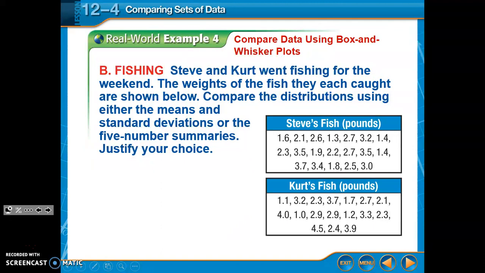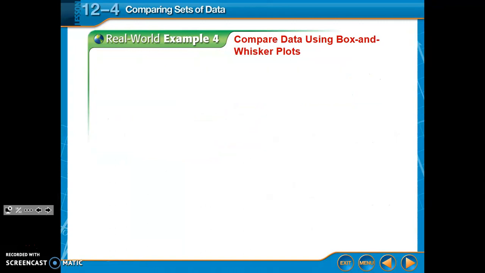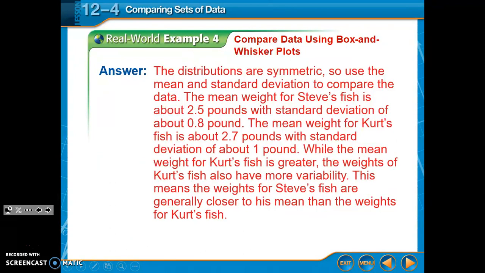So if you were to use those calculators from the link that says statistics calculator, and you put in all this data for both of them, you can find the mean and standard deviation. And you would see that the mean weight for Steve's fish is about 2.5 pounds with a standard deviation of 0.8, and the mean weight for Kurt's fish is about 2.7 pounds with a standard deviation of 1.